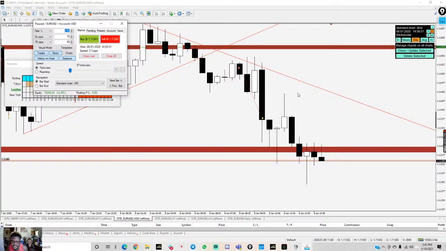The reason being, we break and close below resistance, we form support below resistance, then we form resistance below resistance. We came up, created a top wick, did not break the high of the previous candle, and we are now breaking our low for a second time. So better or stronger confirmation would be once we break this wick here. I'm going to take a sell, but as it relates to risk management, if it starts to break above here, I'm going to close 50% of the position. So let's keep that in mind.